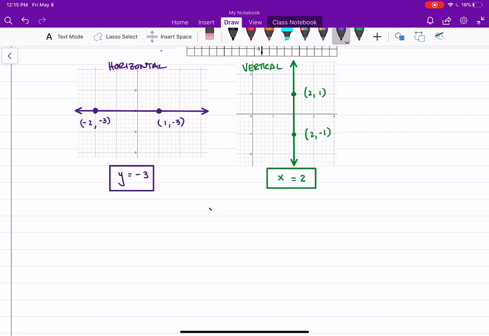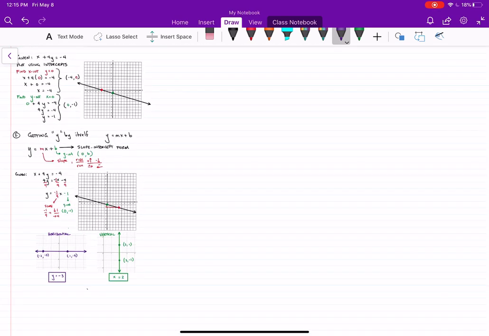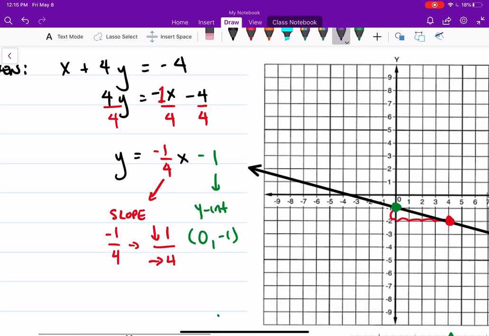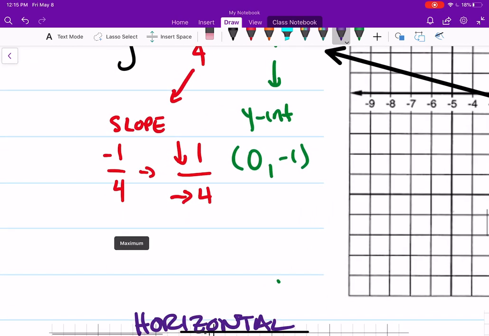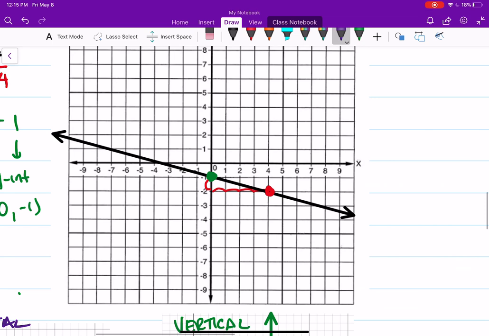Now, let's summarize really quick. Notice here, my slope is negative. Notice what the graph did. It went downward from left to right.